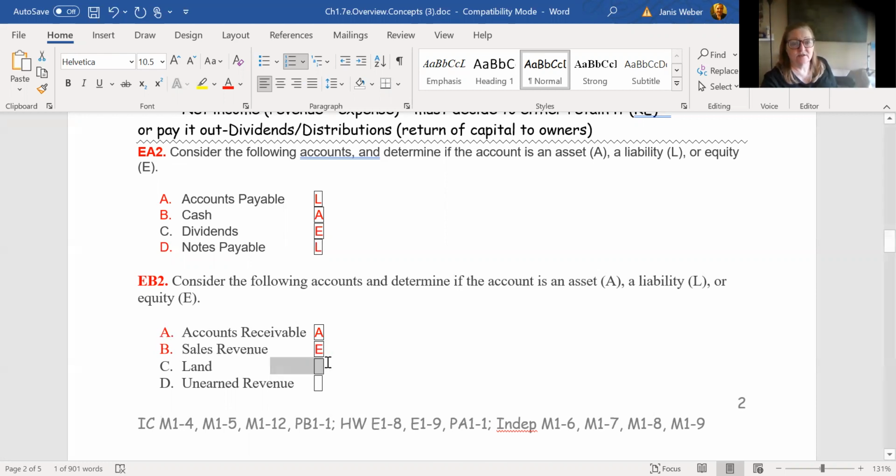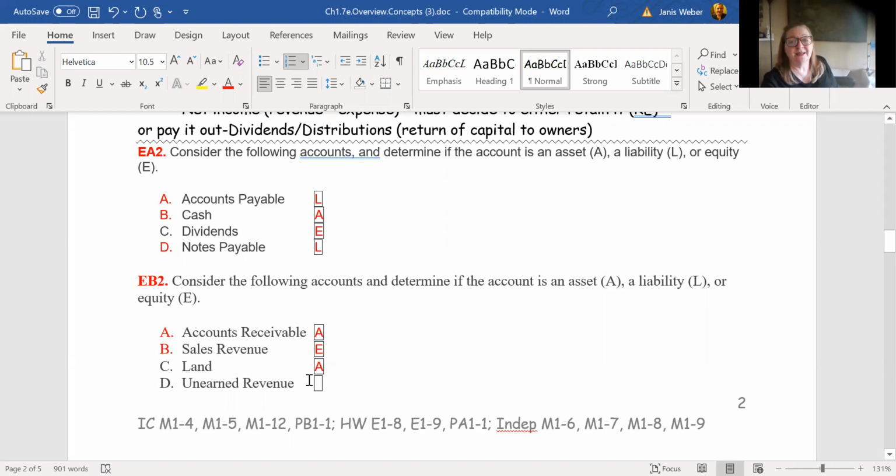Land is an asset. It's a resource the company owns. Here's one we haven't talked about yet. Unearned revenue. Unearned revenue is actually a liability. That's when a customer pays you in advance. You're holding their cash, but you can't show it as revenue yet because you haven't provided the goods yet, or the service.